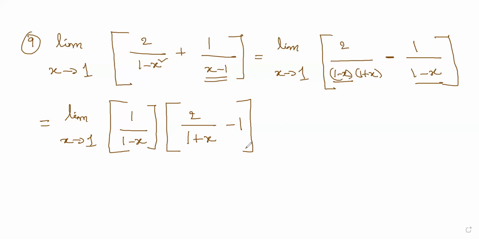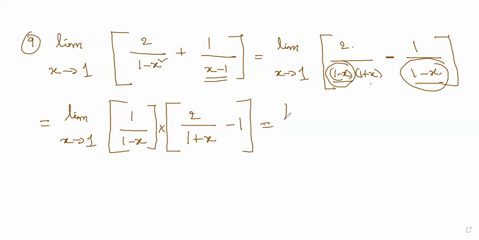Any doubts you can tell me. I have taken 1 minus x as common out of these two terms. Now, after that, I will take the LCM. So 1 by 1 minus x is out, multiplied by what is left over, which is 2 by 1 plus x, and here 1 is only there.